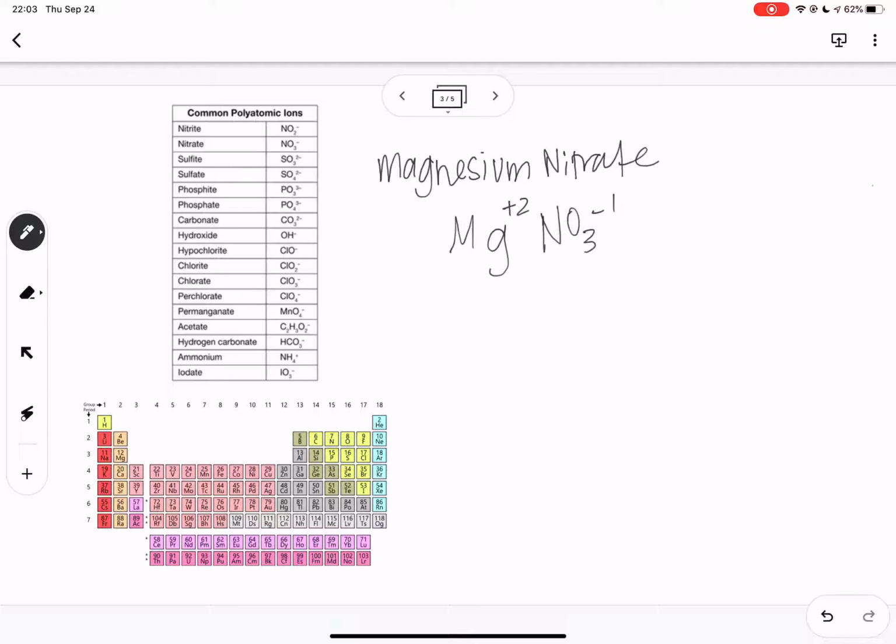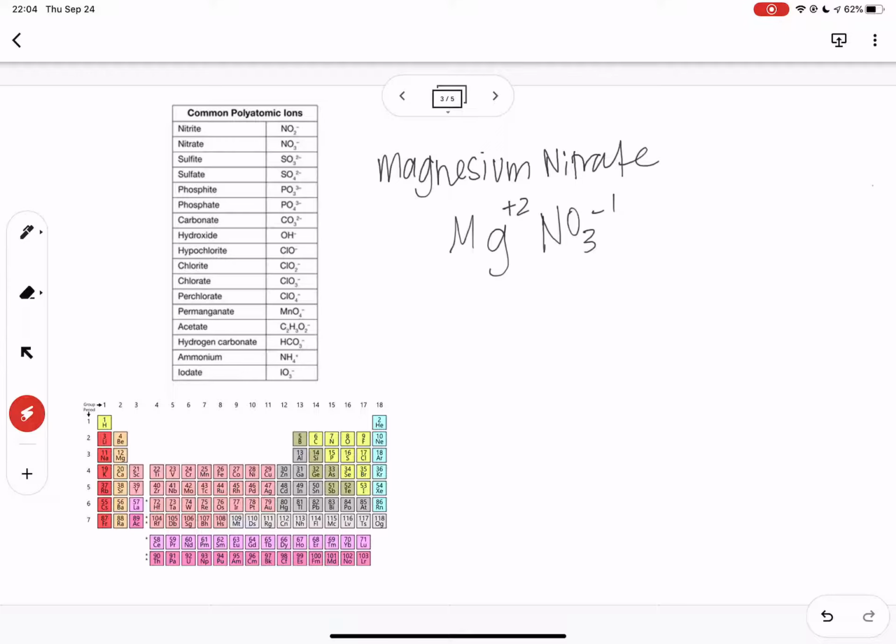Okay, so a polyatomic ion is an ion with many atoms. Poly means many, atomic, atoms: many atoms. So I want you to think of NO3 with a -1 charge as a little package. You can't break it apart. You cannot change the name.